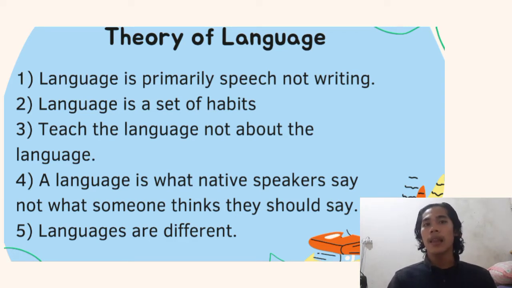The second, language is a set of habits. The advocates of ALM, influenced by the behavioristic views of their time, regarded all human activities as behaviors or habits formed through repetition and reinforcement, to be fully discussed in the theory of learning of ALM.